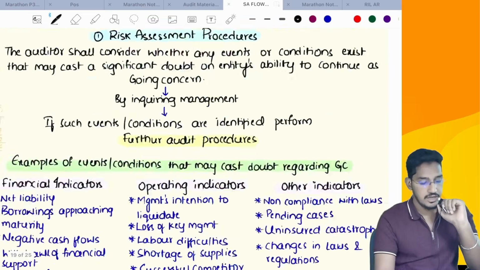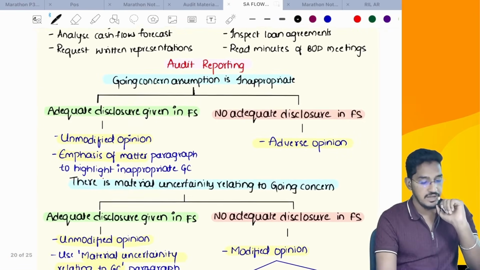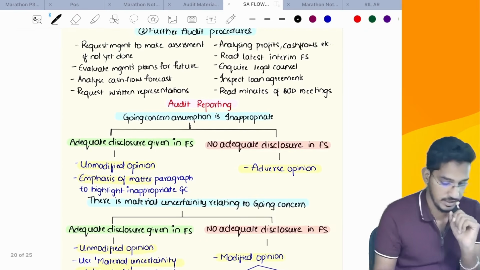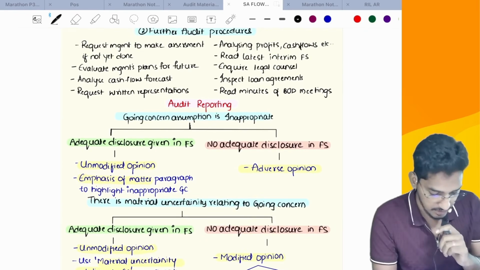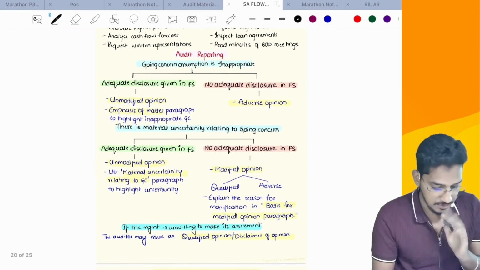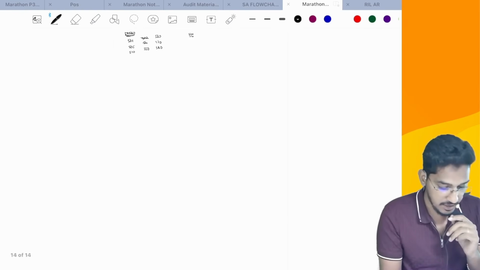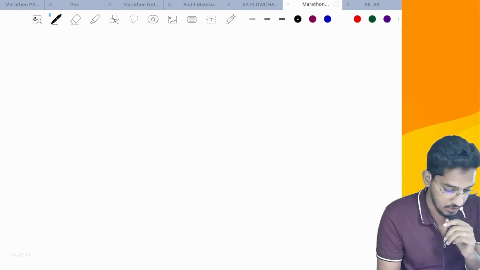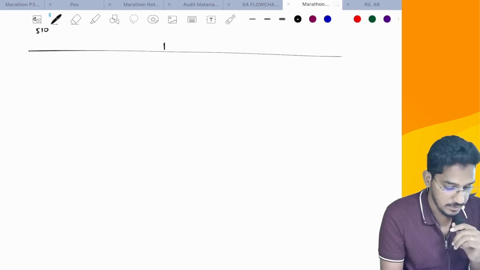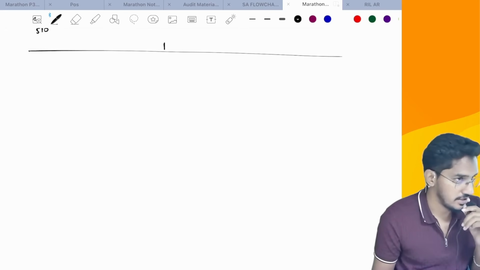Now let us try to understand what impact those findings will have on his opinion. I will do something different with this chart. Since it is getting very clumsy, I have divided the chart into multiple parts. But if I drew one single chart covering everything, then after he has done all the audit procedures, there might be multiple cases. Let us try to understand each case.